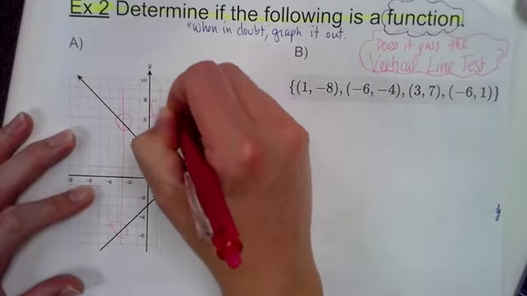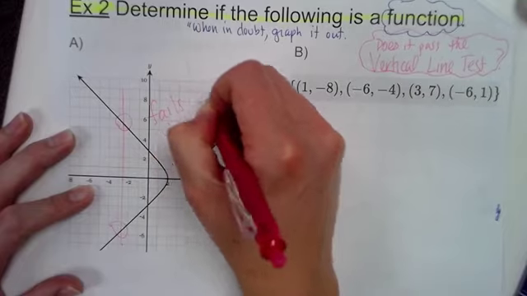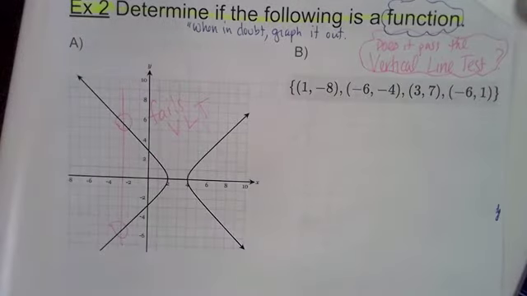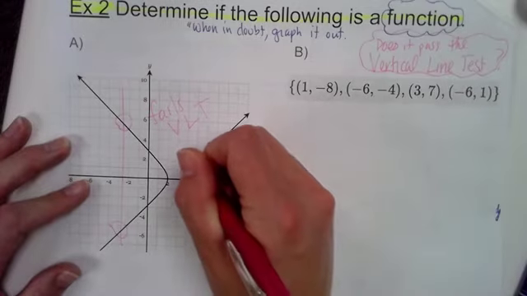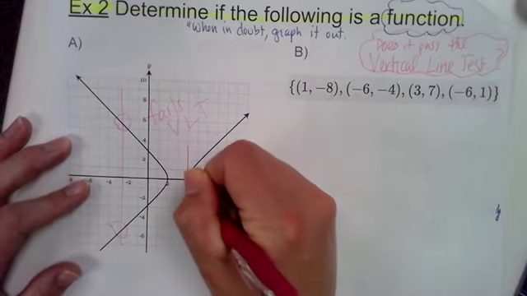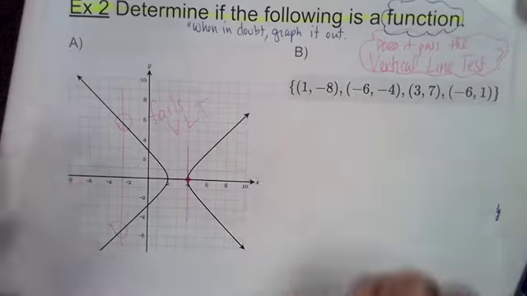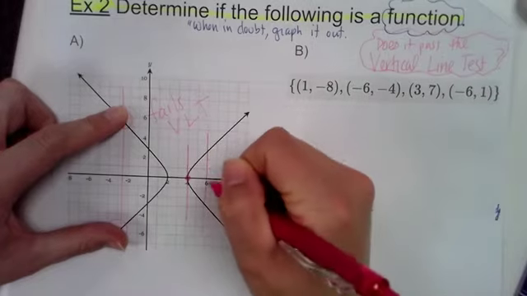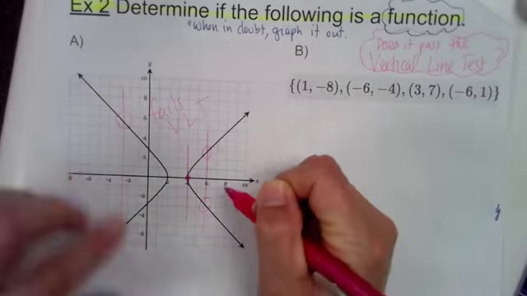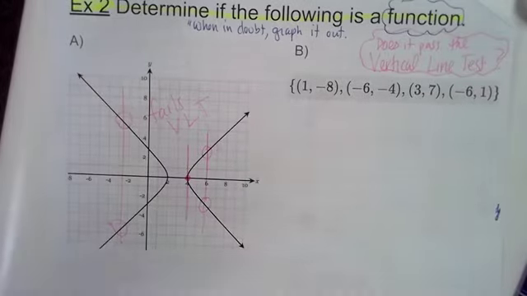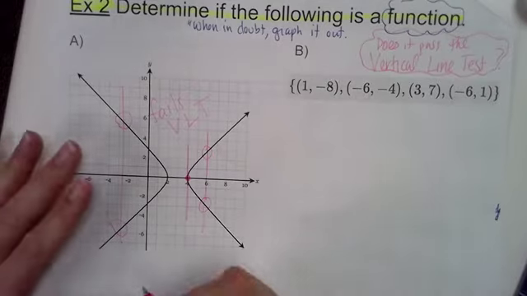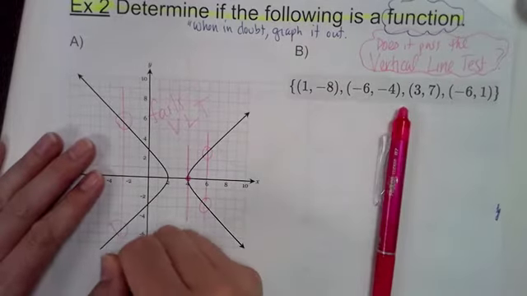This fails the vertical line test. Now, I could be strategic and say, what if I draw a vertical line right here? Then it would only intersect in one place. That's okay. But because it fails somewhere else, it fails the vertical line test, and this means it is not a function.